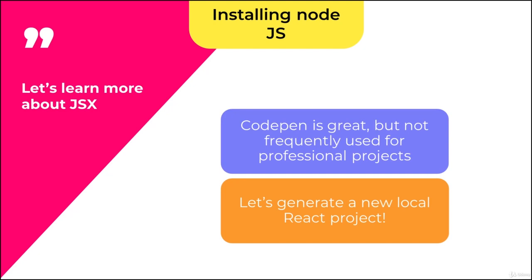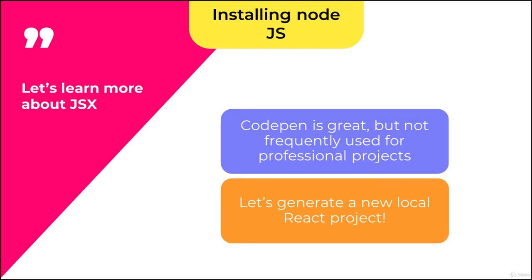So far, we have written a little bit of JSX over on CodePen, and CodePen is a terrific tool. However, my goal in this course overall is to make sure that you understand how to work on professional React projects.